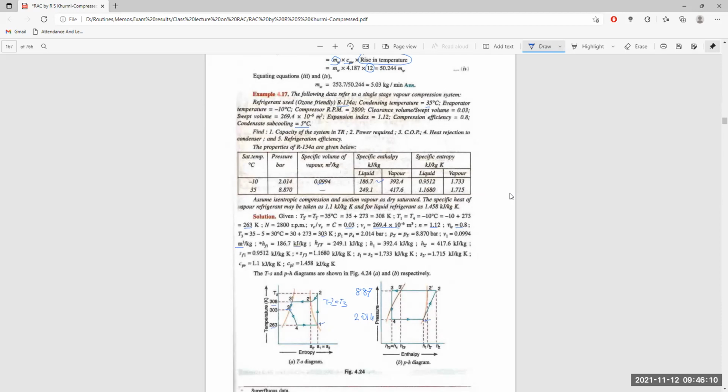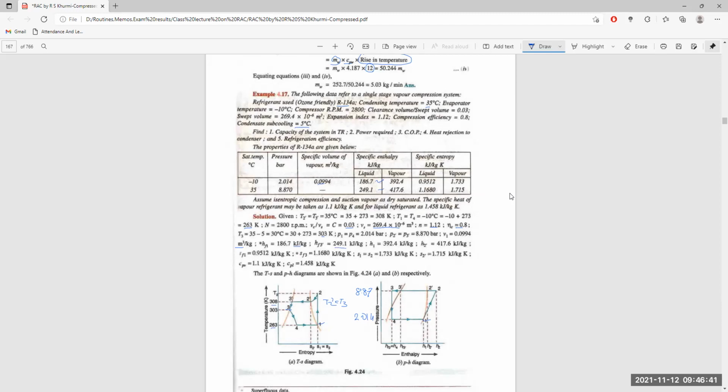Enthalpy at 3 dash means enthalpy of the liquid at the entrance of the throttle. Here, the refrigerant is converted into liquid, that is H3. H3 is 249, at which the refrigerant is converted into liquid itself, but at higher pressure, 8.87 bar or 35 degrees centigrade.